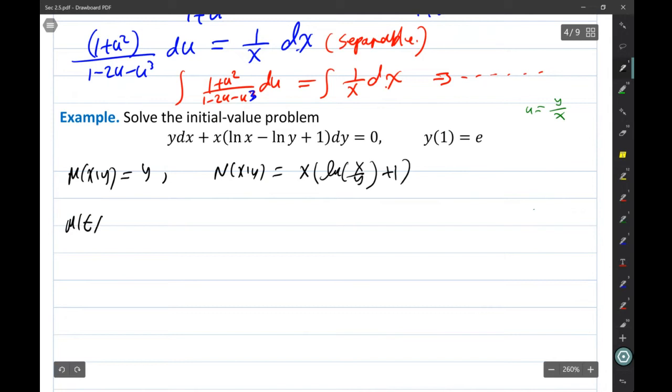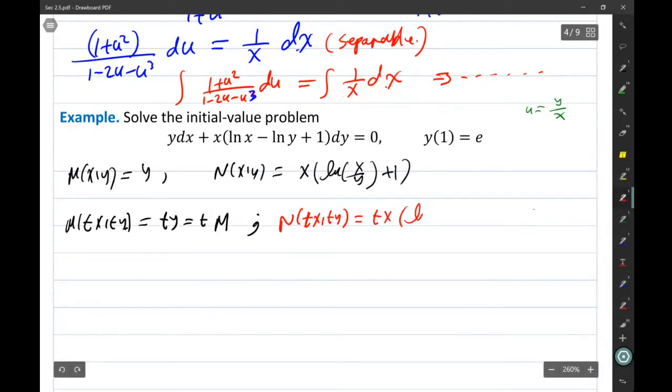Now M of tx,ty is equal to what? ty, which is t times M. However, for N of tx,ty, I have to check whether it is homogeneous first or not.